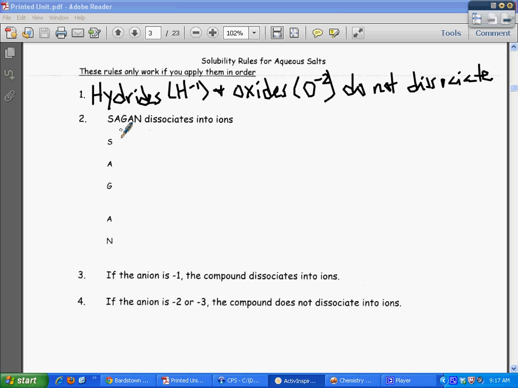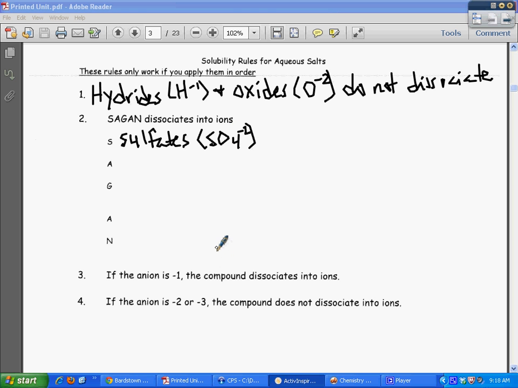Your second rule, and you can apply these components in any order, is a little mnemonic device. SAGAN dissociates into ions, anything that fits into this category. The S stands for sulfates, which is SO4 minus 2.